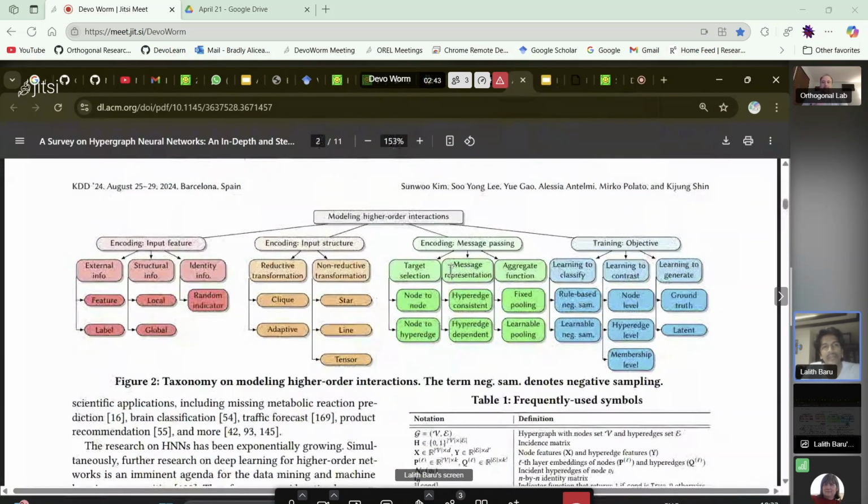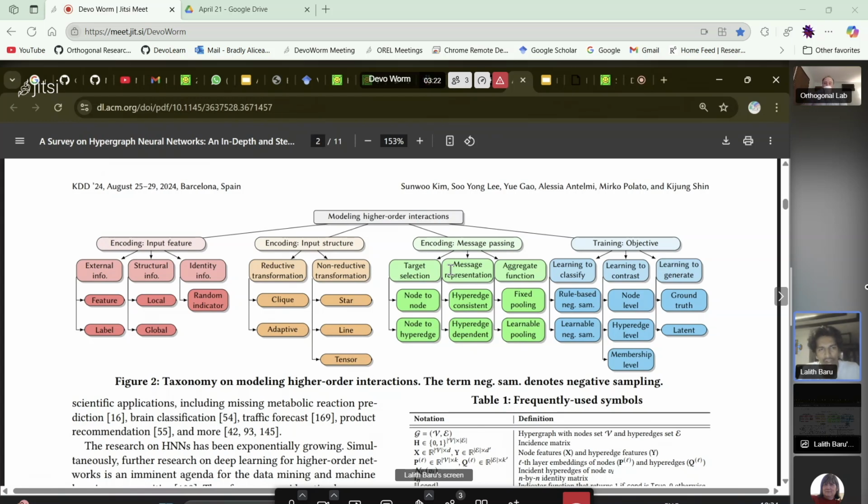So to give a quick recap, last week we discussed the encoding, the input feature and the input structure. Here we understood what kind of input feature we can give to hypergraphs. One is external information, providing the information that it does not have, and the structural information, which directly accounts the information from the graph itself, and encodes certain extracted properties of the structural features into the input feature itself.